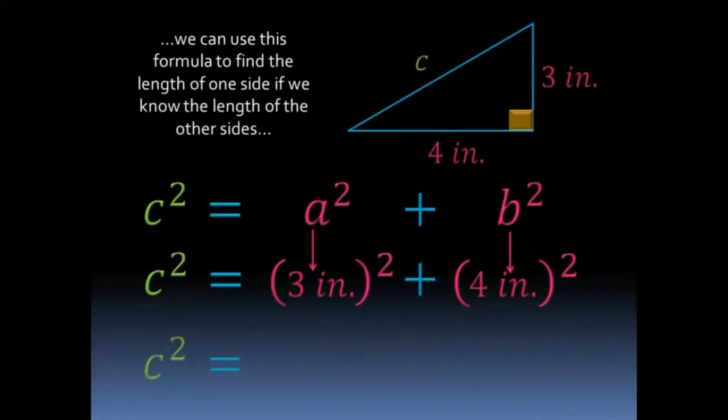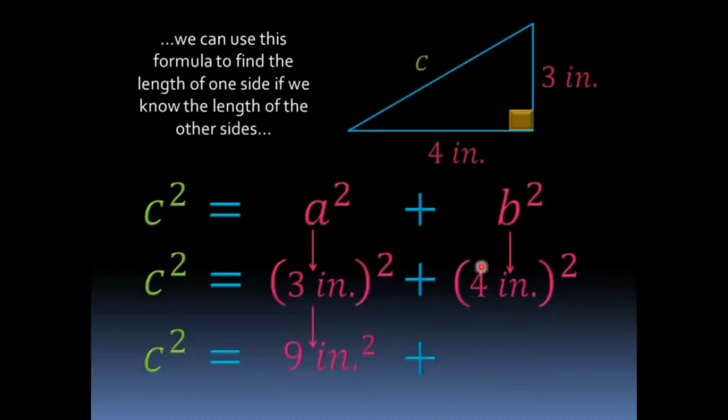Going on with our calculation, C squared equals 3 inches squared, which is like 3x squared. 3x squared is 9x squared. So 3 inches squared will be 9 inches squared, or 9 square inches.